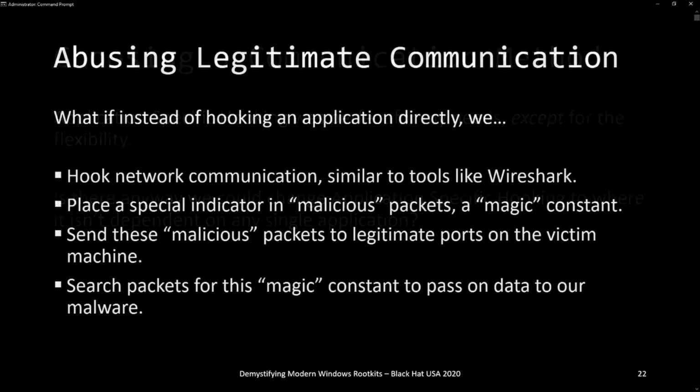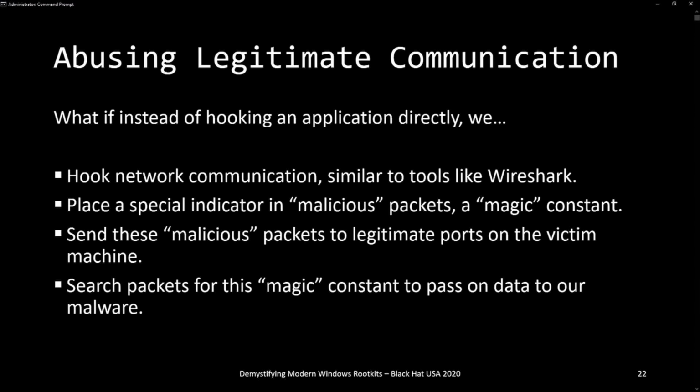Well, what if instead of hooking an application directly, we hooked network communication, similar to tools such as Wireshark? Then what we would do is create these malicious packets in our C2 and insert a magic constant value that the malware is aware of as well. Then we send this malicious packet to any legitimate port on the victim machine.